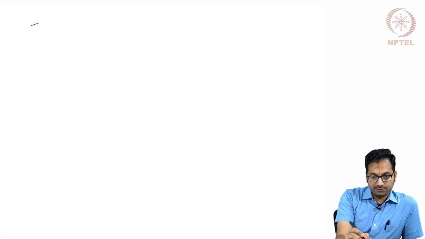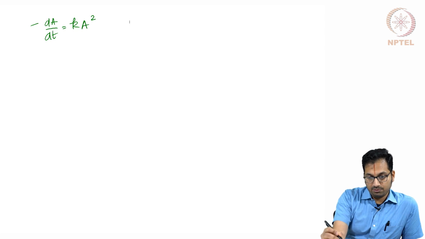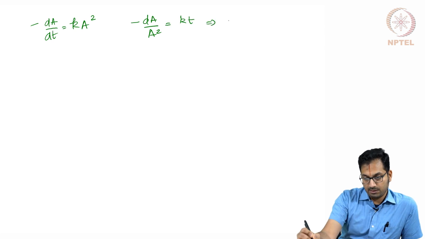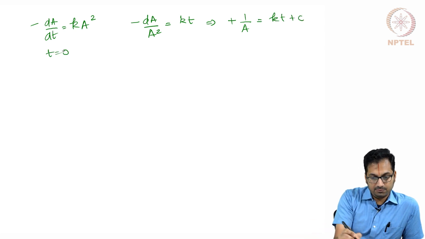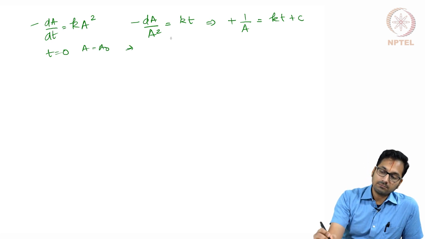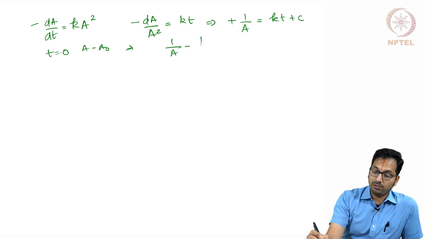Similarly, for second order, it is going to be minus dA by dt equal to kA squared. So this is going to integrate into 1 over A equal to kt plus C. At t equal to 0, A equal to A naught, which implies 1 over A minus 1 over A naught equal to kt.